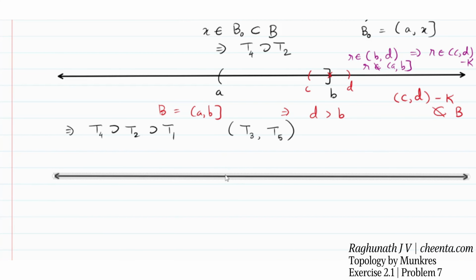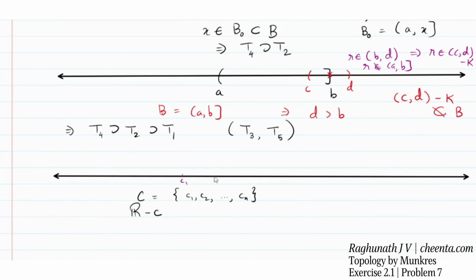Now, if you consider any finite set, let's say C is some finite set, C1, C2 till Cn, and you consider the complement of this, which is the open set.